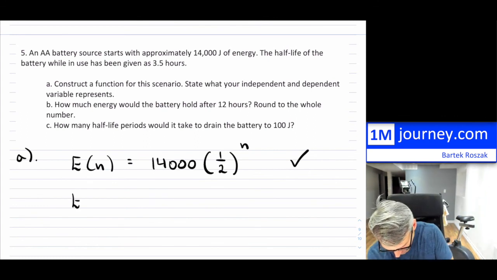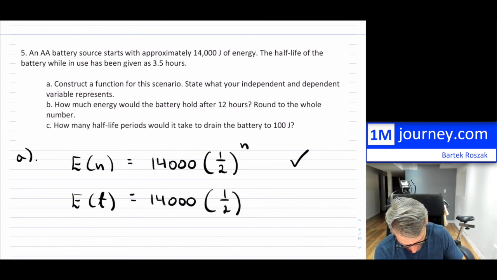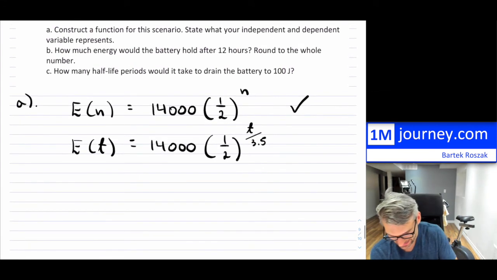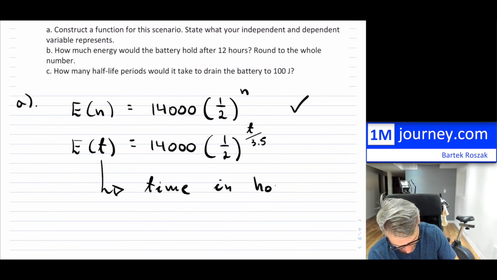If you want the function to be with respect to time, it's going to look identical, but remember that instead of N, we're going to have T divided by, in this case, 3.5. And I'm going to assume that T here is time in hours.